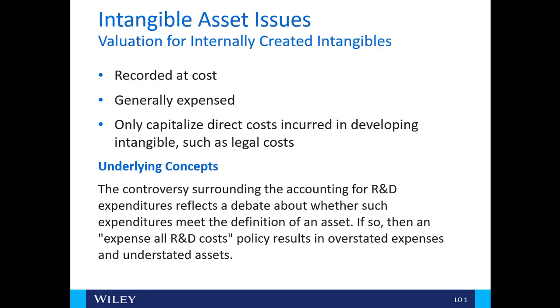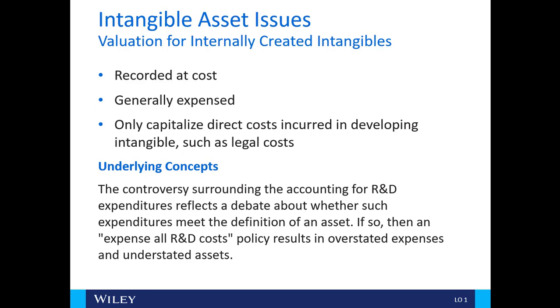So if you develop a patent internally, you're not going to see it as an asset. Instead you're going to see the expenses along the way that you paid your scientists or your inventors or your engineers, and the cost of the equipment and all the things that went into creating the patent. You're going to see all that as an expense when it happened.